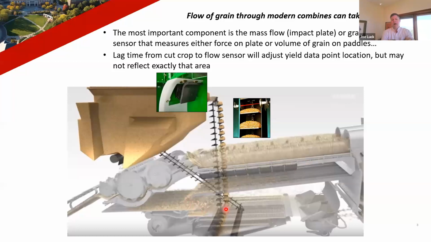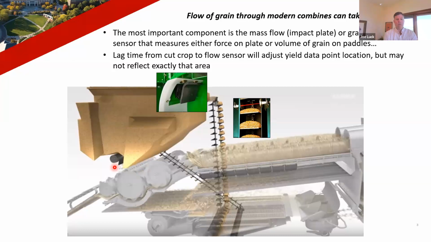There are several different routes that grain might take through this machine as it's continually moving down and being cleaned and processed, until it moves to the cross auger that starts loading the clean grain elevator and dumps it into the bin. Some of this material might get caught in the tailings elevator here and actually get dumped back up here for rethreshing.